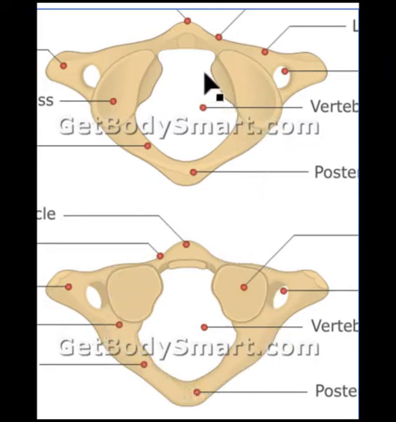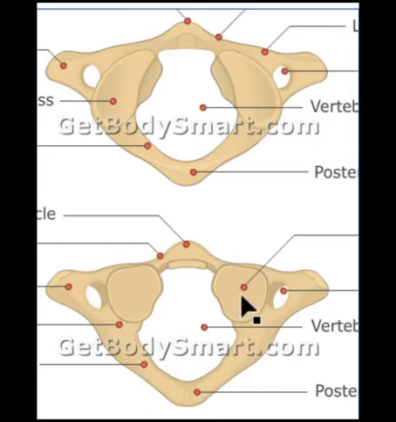You can see the superior articular process of the lateral mass of C1 is lying relatively anteriorly, and underneath it the inferior articular process of the lateral mass of C1 is also lying relatively anteriorly.